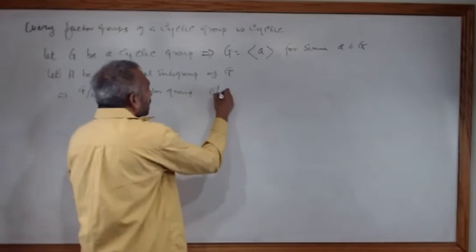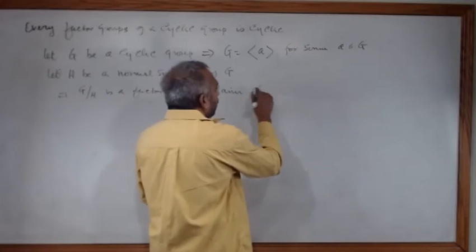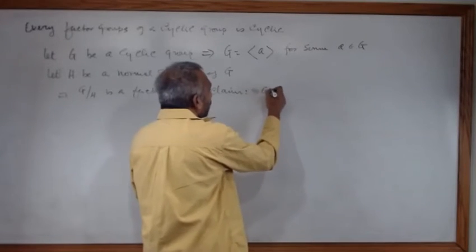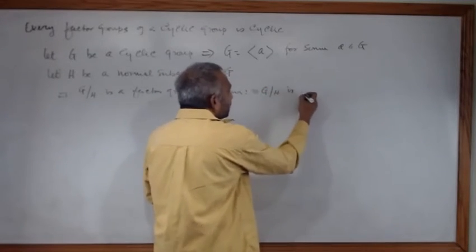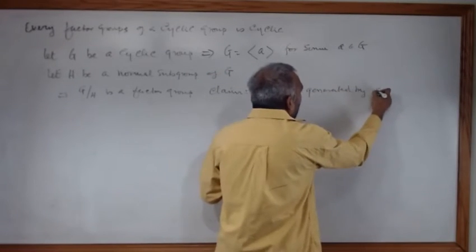And the claim is G over H is generated by AH.